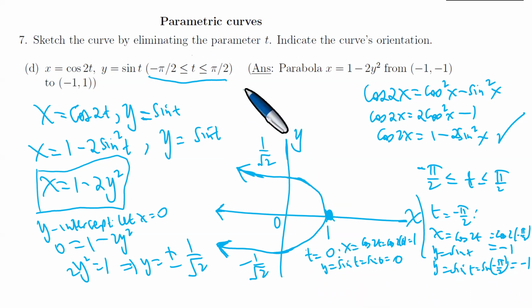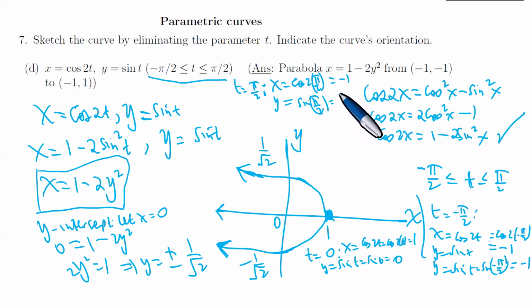But what happens whenever t is pi over 2 at the end? Then x equals cosine of 2 times pi over 2, which is minus 1, because the cosine of pi, 180 degrees, is minus 1. And then you do the sine of pi over 2.